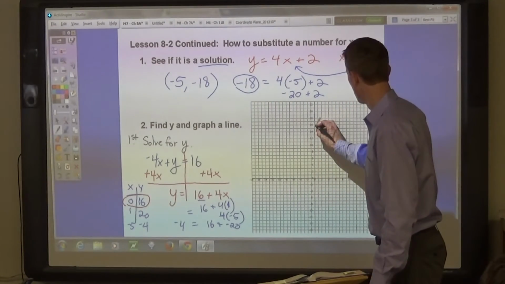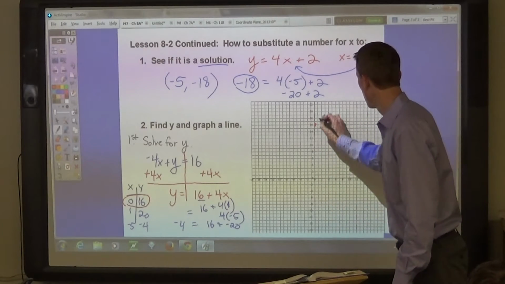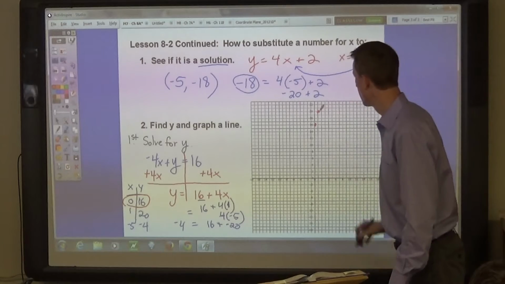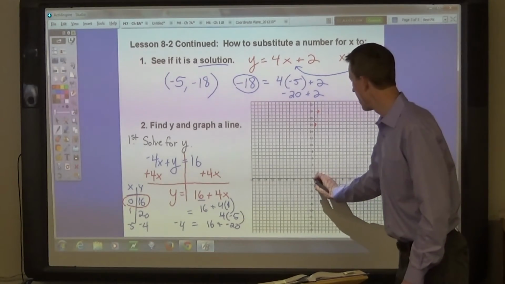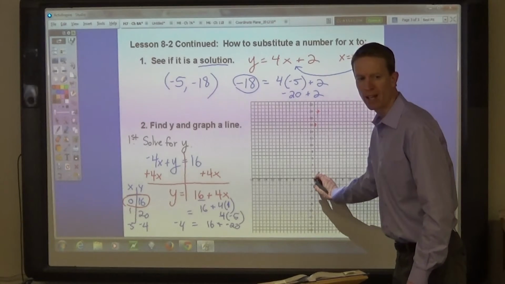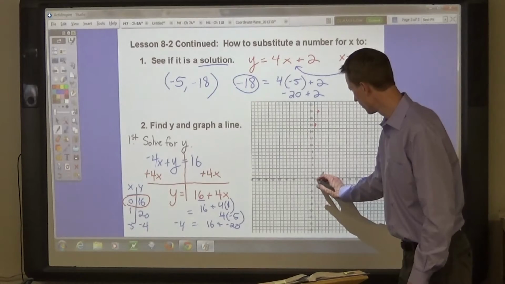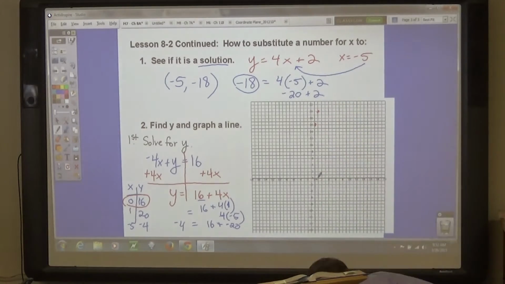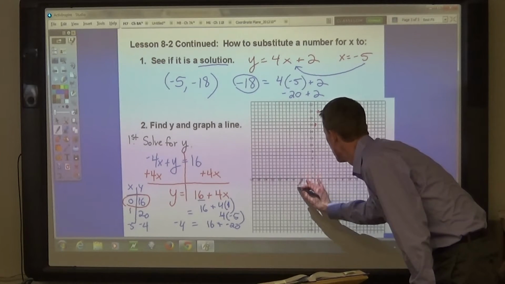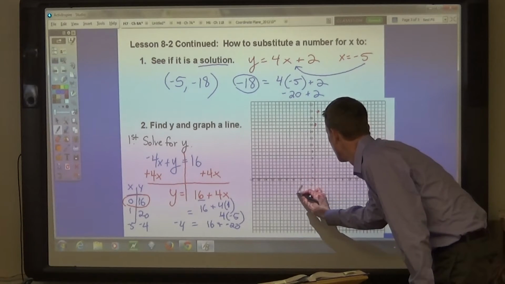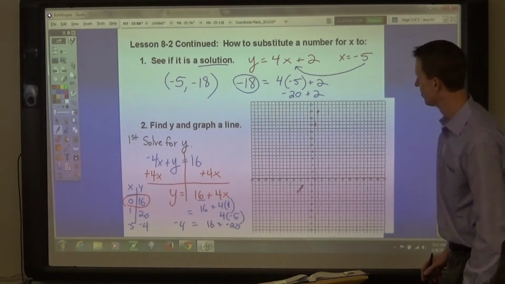Here's the bold line. And negative 5, negative 4. How would we find that? Go to the left 5 and down 4. Yep. That's one side line.